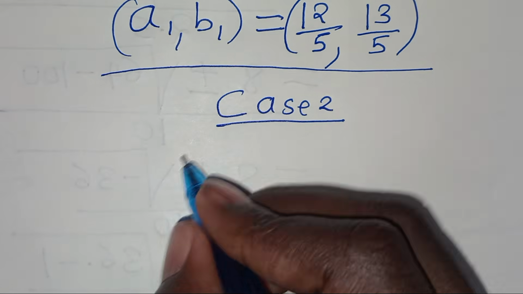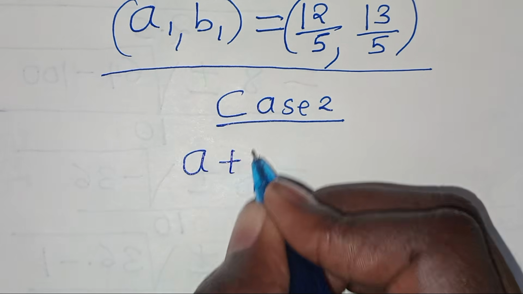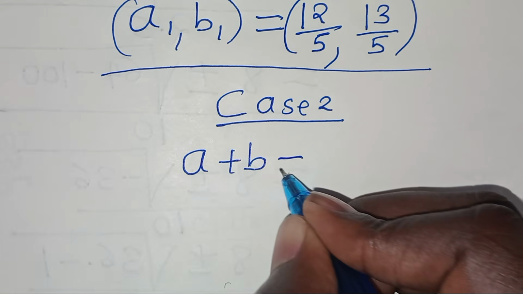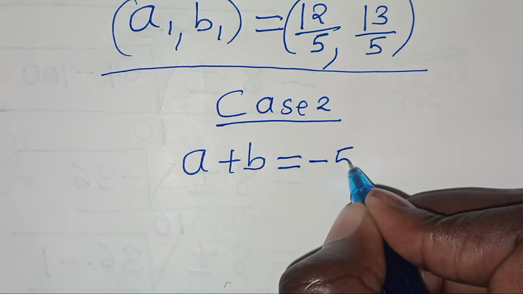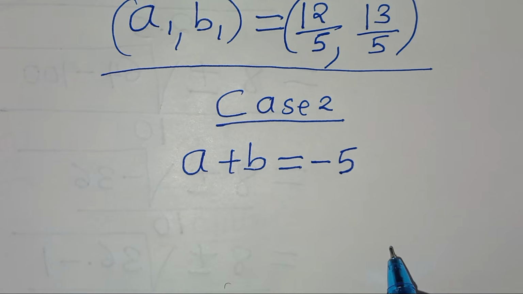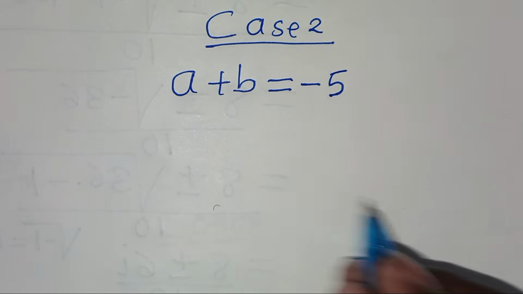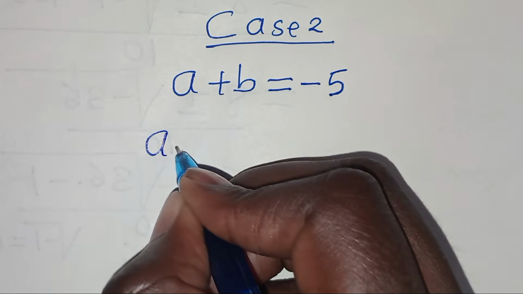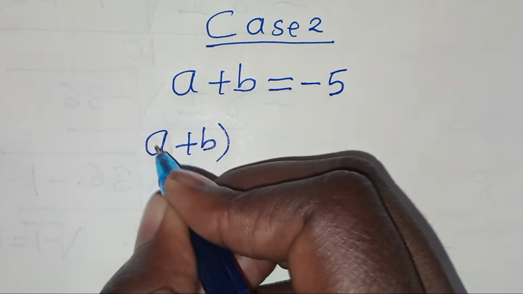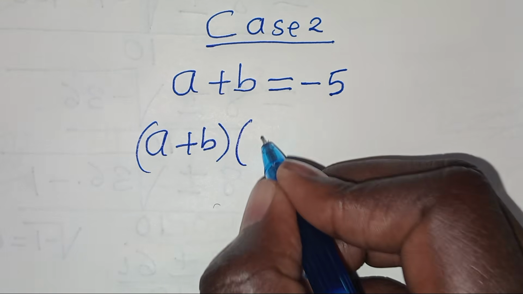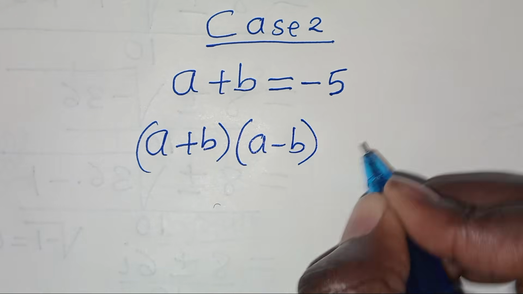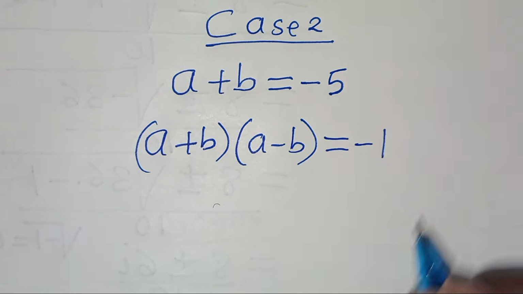In case 2, we have a plus b is equal to negative 5, and we have that a plus b multiplied by a subtract b is equal to negative 1.